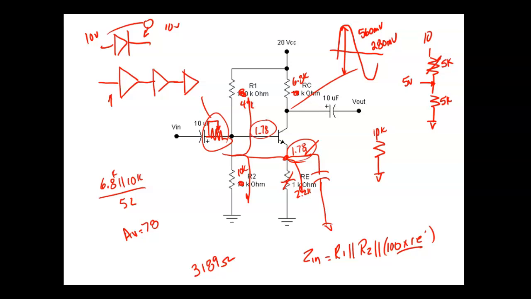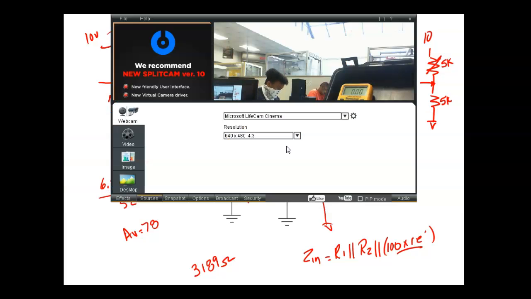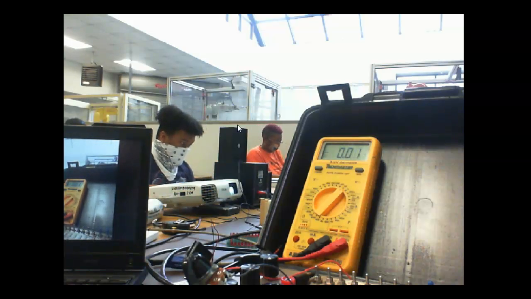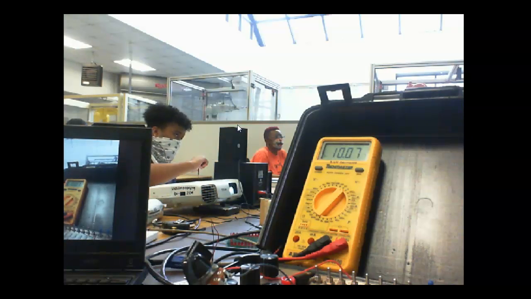So here comes the collector voltage. So we just proved Kirchhoff's law wrong. No, we didn't. The transistor's cut off. So if I was going to do Kirchhoff's law, here's the collector voltage. It's measuring what? 10 volts.